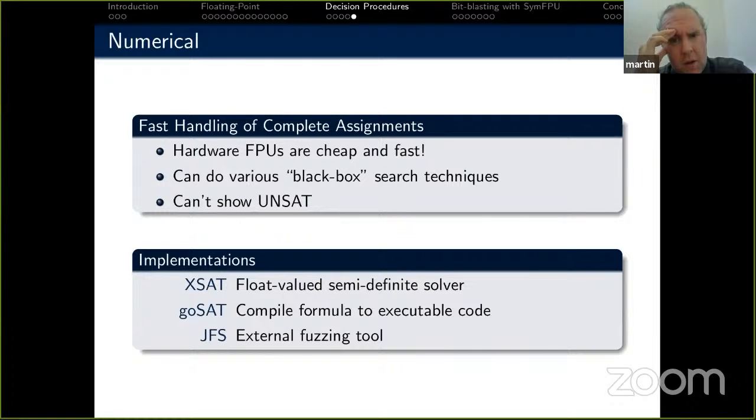I don't entirely know why this is. It feels like the kind of thing that should be doable. Somebody should be able to make a really, really strong solver like this. It just hasn't happened yet.